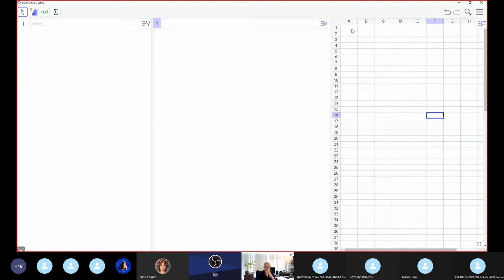Now I can change the width of the cell, similar to Excel, because I want to type in the matrix A. We get 3, -2, +1. Enter. 1, 4, and -1. Enter. -1, 2, 5.